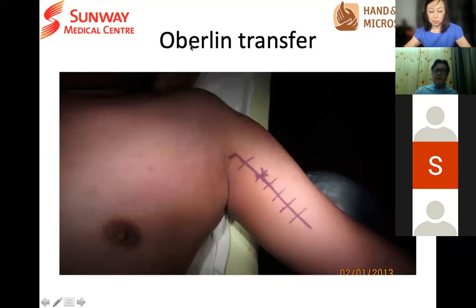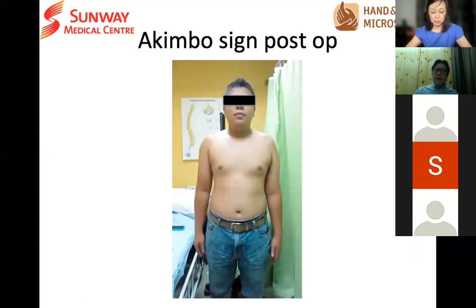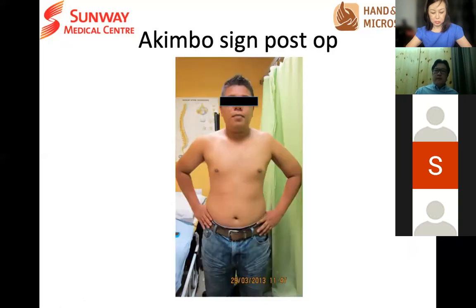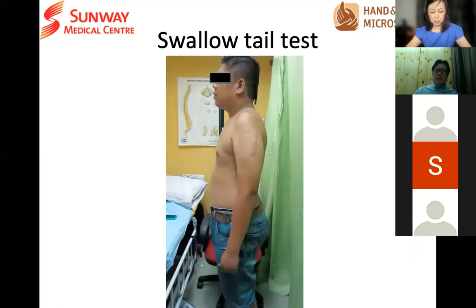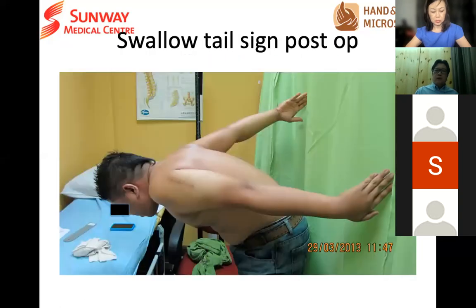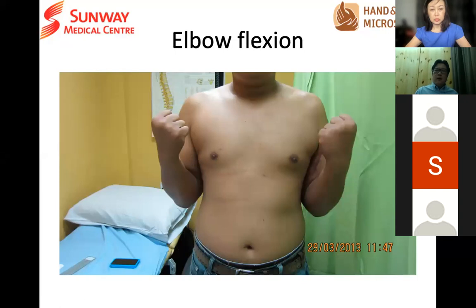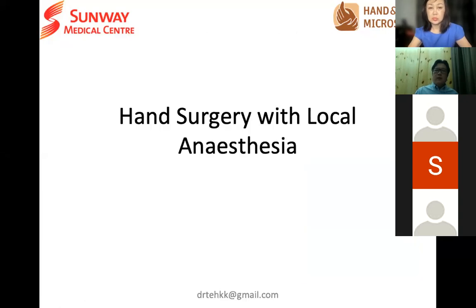He's the teacher for Somsak. So they are the ones who described the transfer. What nerve transfers means is we take a nerve that is expendable and give it to another to perform another function. So this is just to show you these are the post-op results, that the patient can actually do what they couldn't do before.